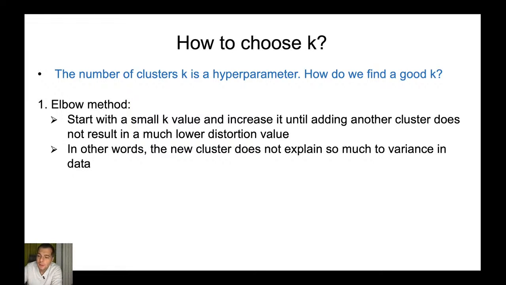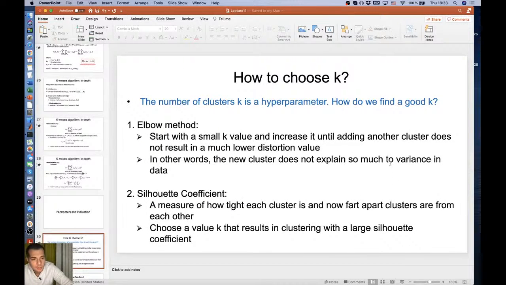The elbow method is based on starting with a small k value and increasing it until adding another cluster does not result in a much lower distortion value. And this means that the new cluster does not explain so much the variance in data.